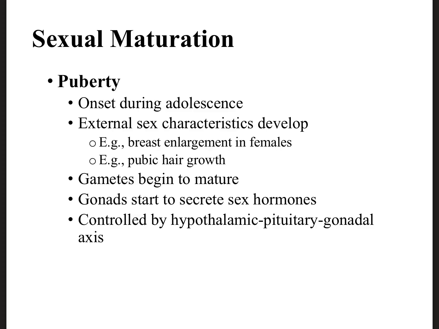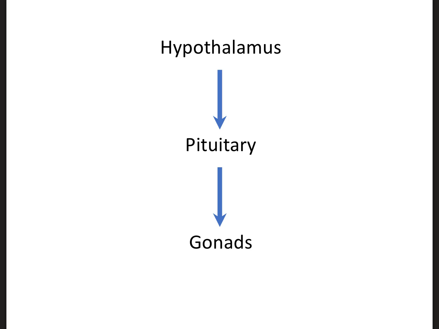The hypothalamus produces a hormone that targets the pituitary, and the pituitary produces a hormone that targets the gonads. The hypothalamus produces gonadotropin releasing hormone, otherwise known as GnRH.